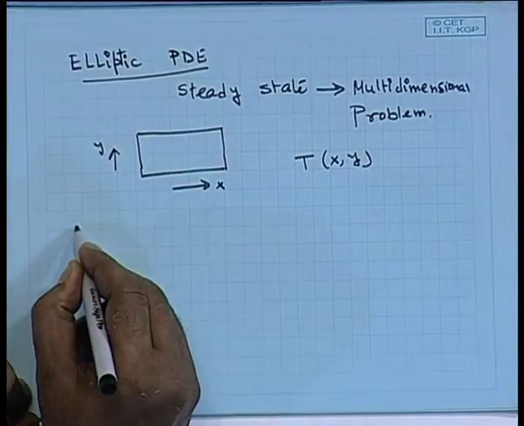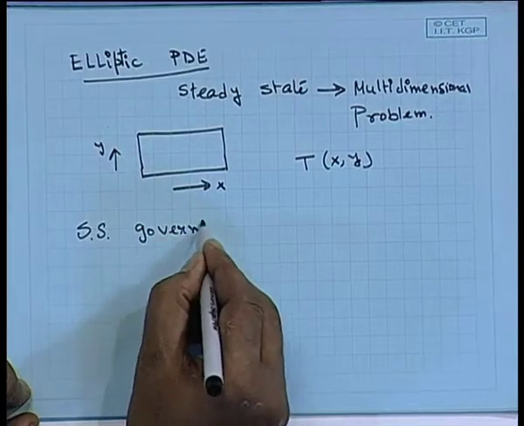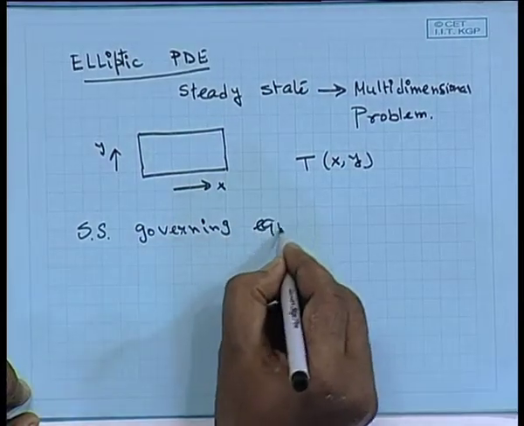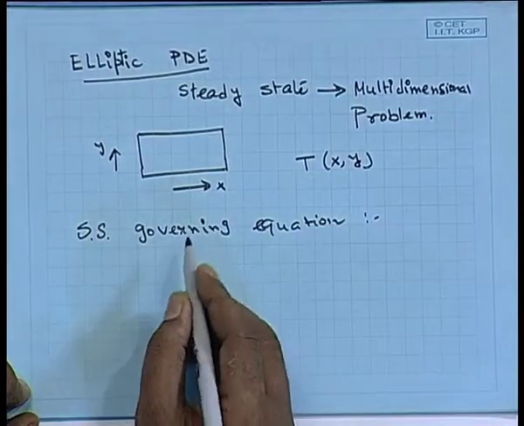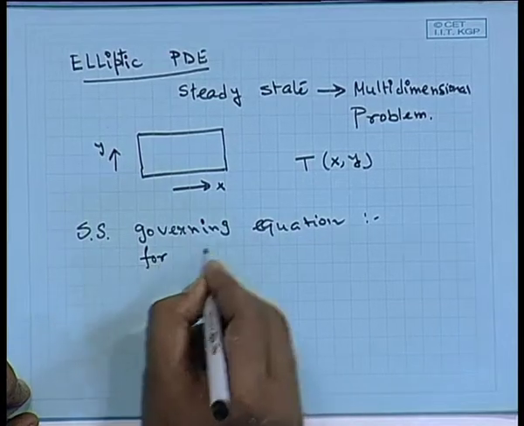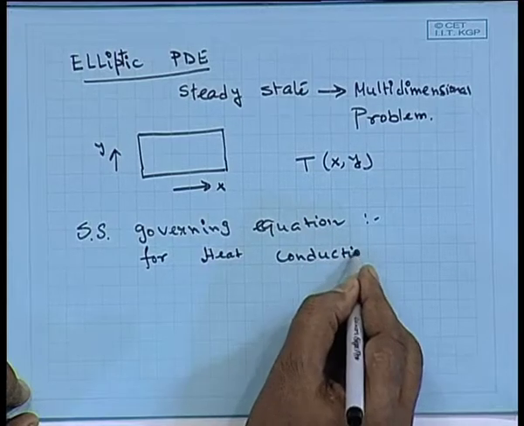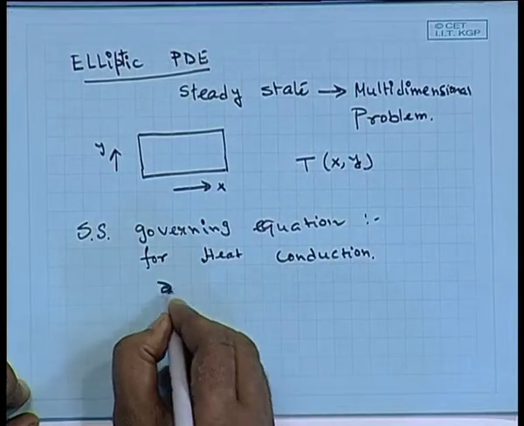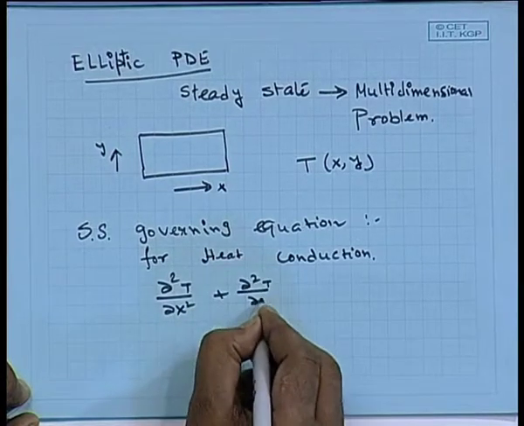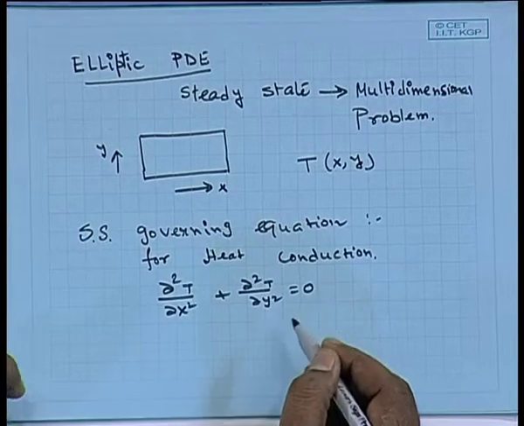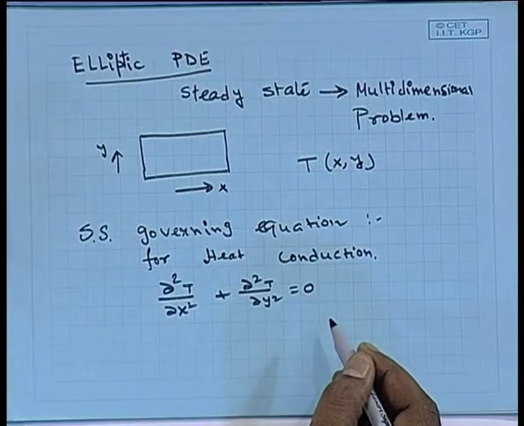Under steady state, the governing equation for heat conduction becomes del square T del x square plus del square T del y square is equal to 0. In this problem, the z dimension is too long, so all the variations in the z direction will be neglected.